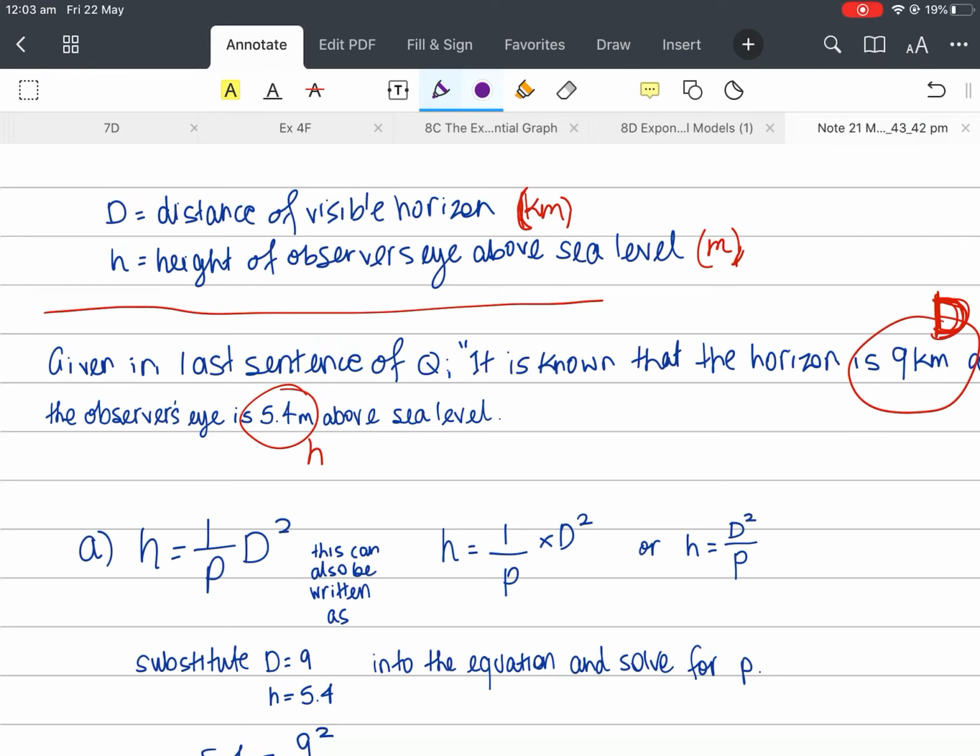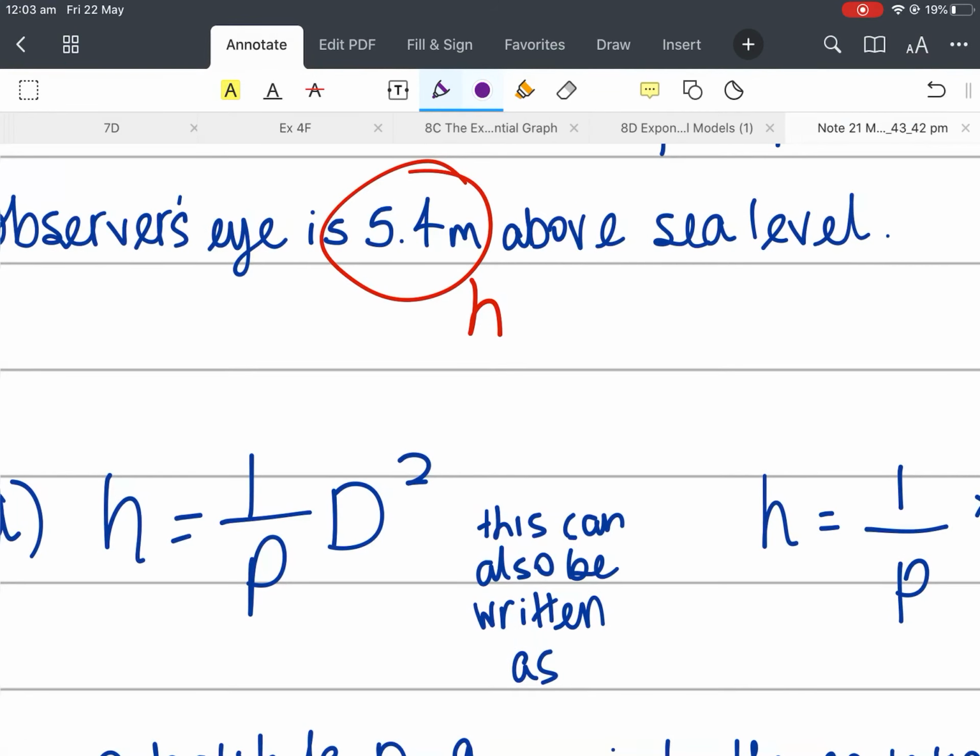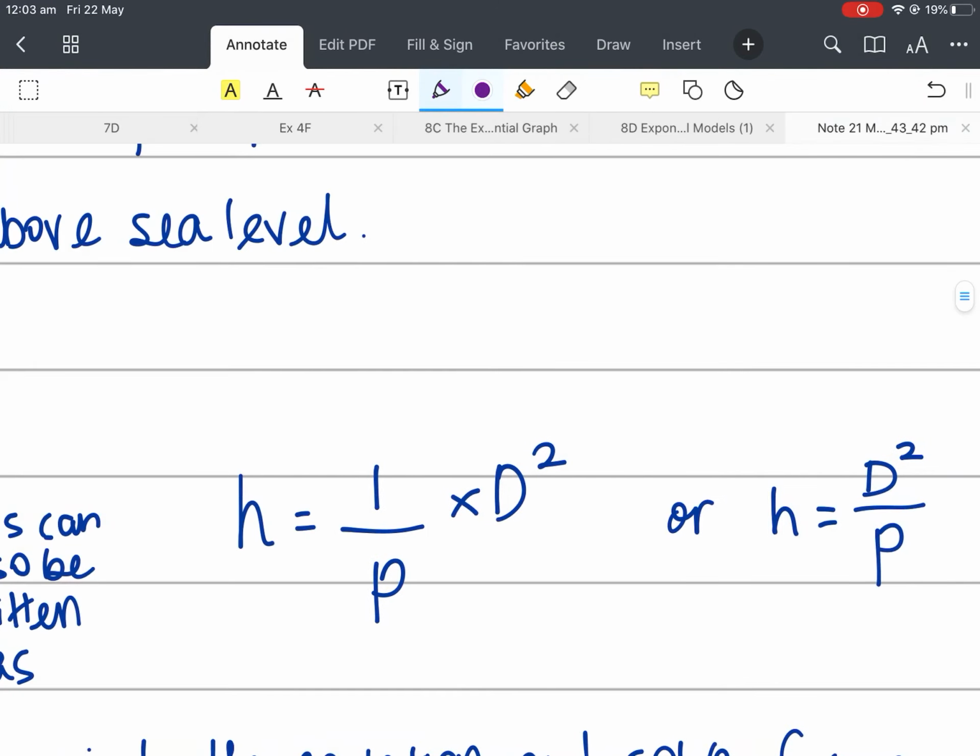Now A says if the equation to model this situation is of the form h equals 1 over p d squared, where p is a constant, use the known information to find the value of p. So you have to use d equals 9 kilometres and h equals 5.4 metres and substitute that into the formula. Now in algebra, you have to remember that this can also mean this.